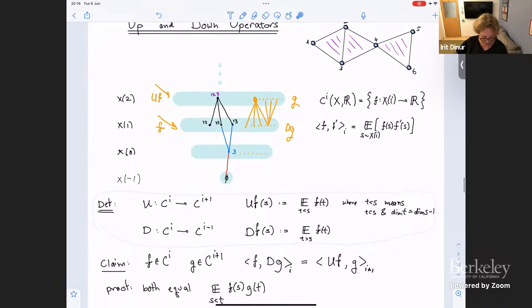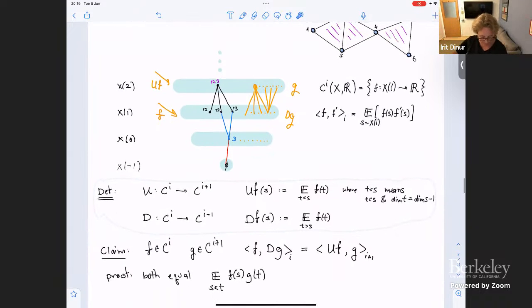Okay, and it's almost obvious to see from the picture that the up and down operators are actually transposes of one another, adjoint to one another. If you have a function, a cochain f in Ci and another one g in Ci+1, then the inner product of f with Dg is equal to the inner product of Uf with g.